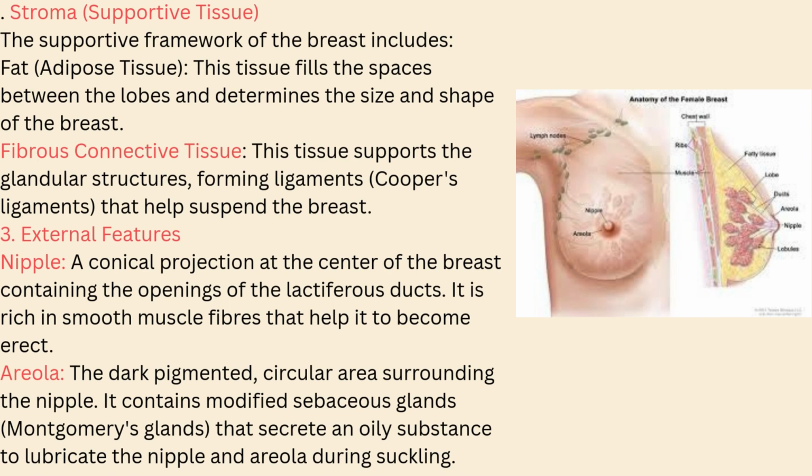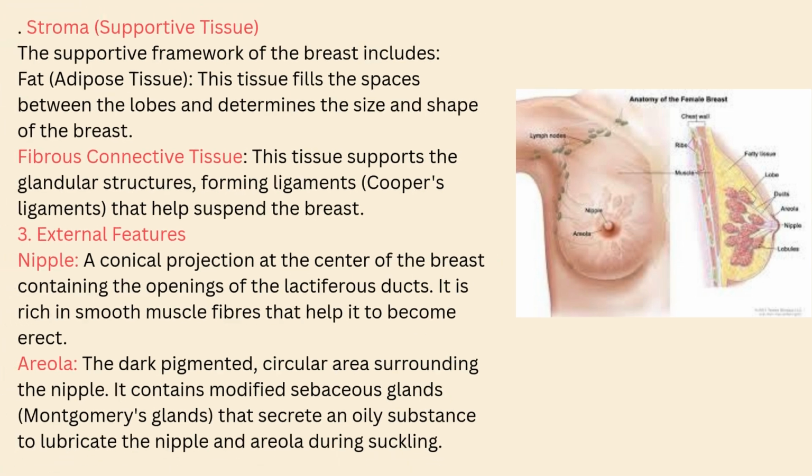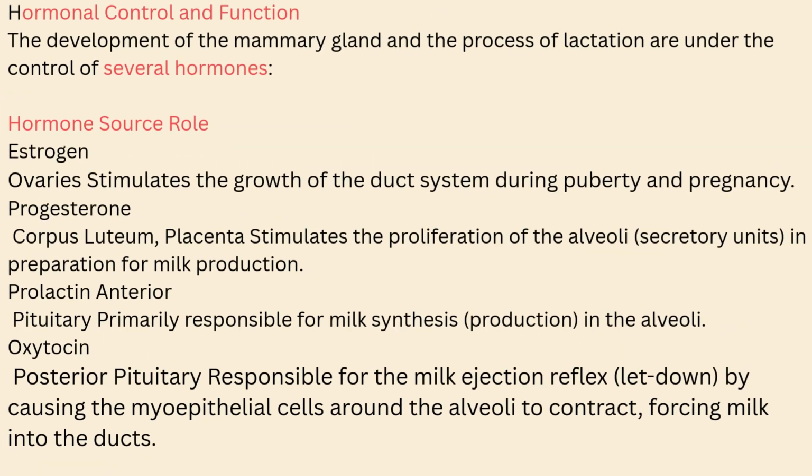Each mammary gland contains fatty connective tissue and numerous lactiferous ducts. The glandular tissue of each breast is divided into 15 to 20 irregularly shaped mammary lobes, each with alveolar gland and lactiferous duct. Alveolar gland secretes milk which is stored in the lumen of alveoli.